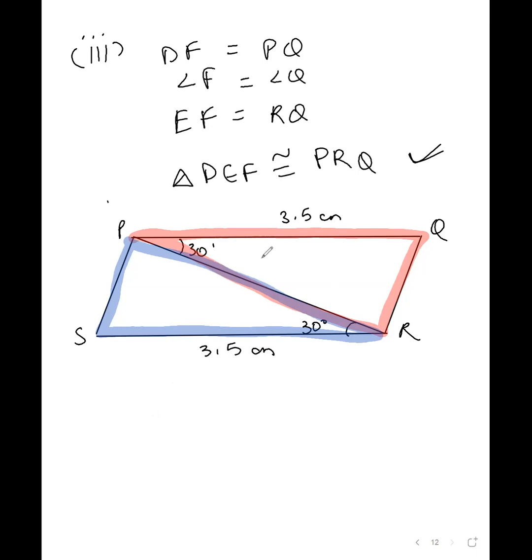The line. Name them. PR. Okay. 3.5 and 3.5, are they equal or not? Yeah. They are equal, right? So in the red triangle, it is PQ is equal to what? SR. RS. Oh yeah, RS. Very good.